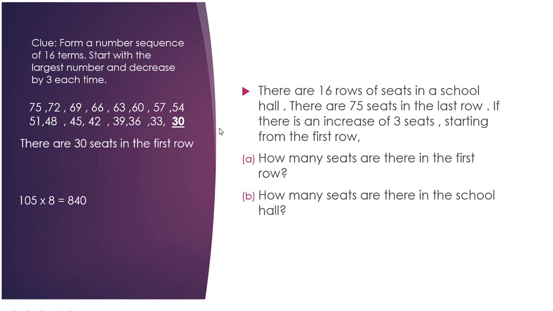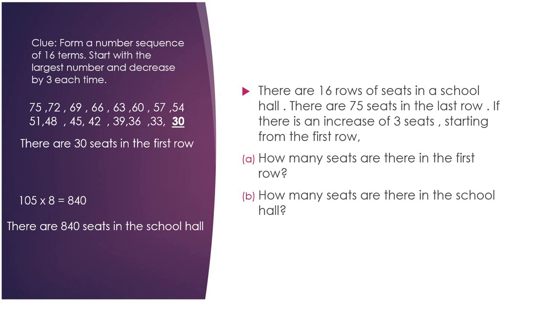So now we make our number pairs to solve this problem. Now you don't need to write all the pairs, right? You just have to add, because now we have 16 rows, so 16 divided by 2 is equal to 8, right? So we have 8 pairs in our number sequence.